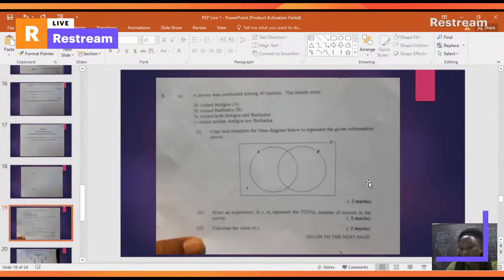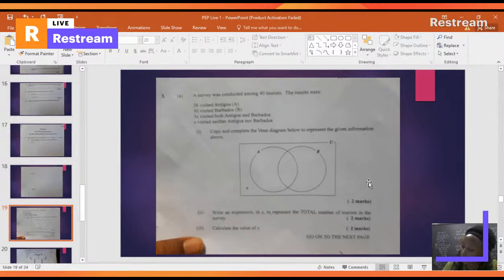28 visited Antigua, so if 28 in all visited Antigua, then Antigua only would be 28 minus 3x, since 3x is the intersection. 30 visited Barbados, so Barbados only would be 30 minus 3x. Part 2 says, write an expression in x to represent the total number of tourists in the survey.